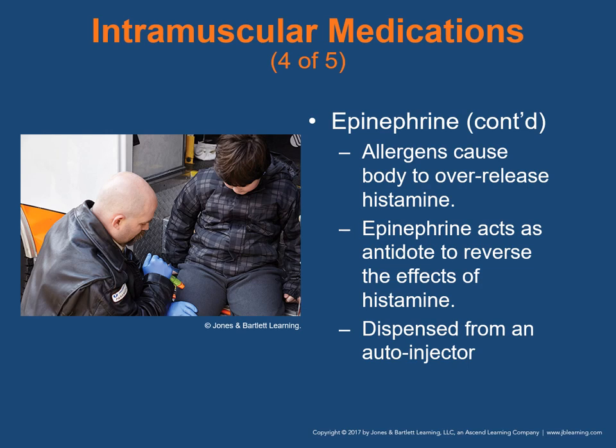Over-release of histamine may reduce blood pressure, cause wheezing from bronchial spasms, and swelling of the airway tissues, which is edema, may make it difficult for the patient to breathe. Epinephrine acts as a specific antidote to reverse the effects of histamines by constricting the blood vessels, allowing blood pressure to rise, reducing swelling, and it also dilates the air passages to increase flow of air.